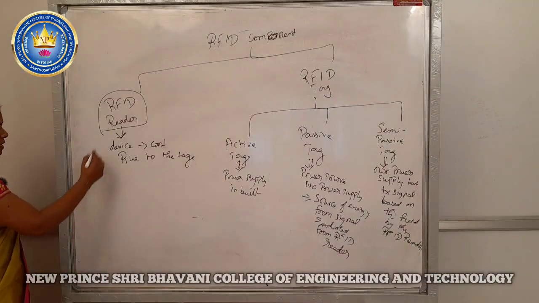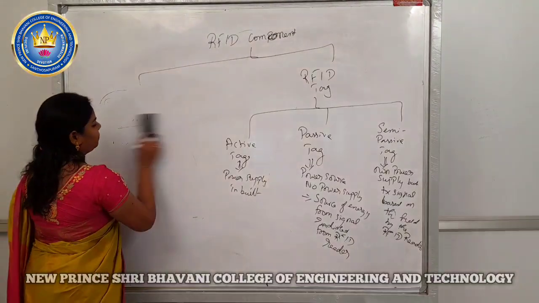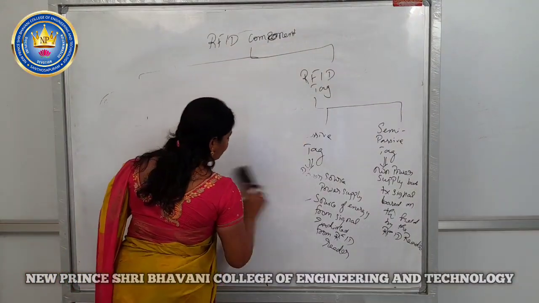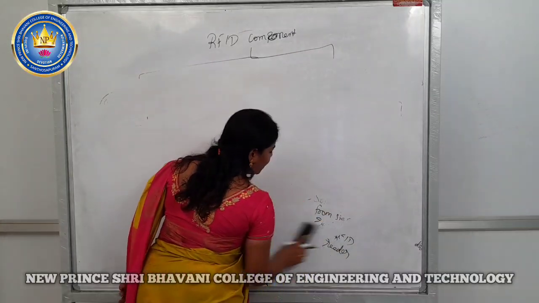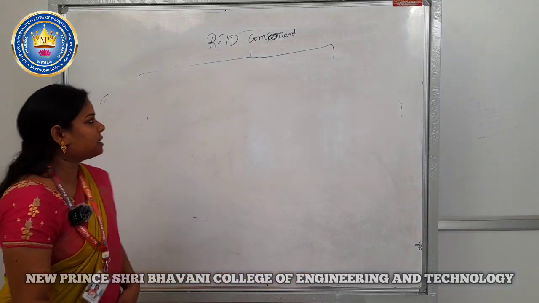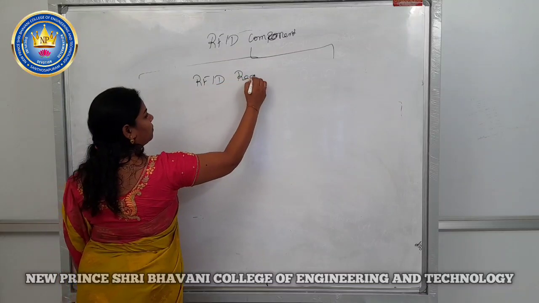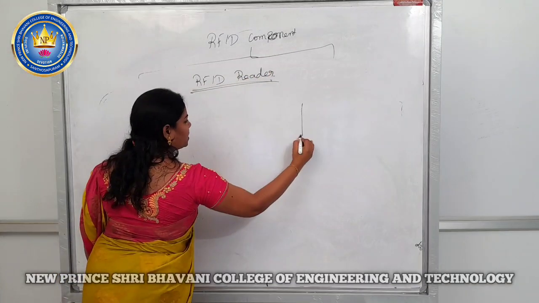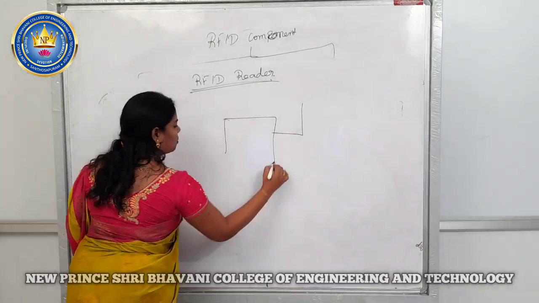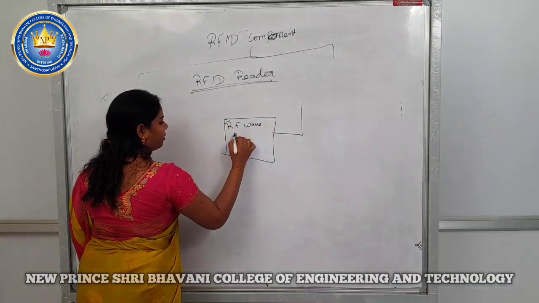Let me see the components of the RFID reader and the RFID tag. The major components present in the RFID reader: the first component is the RF wave generator.